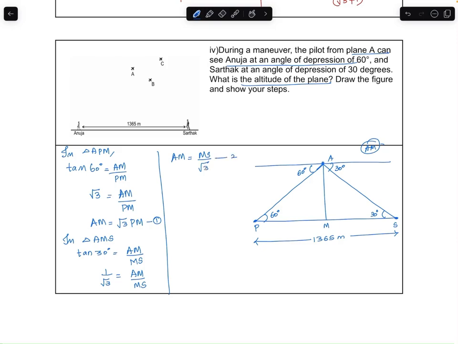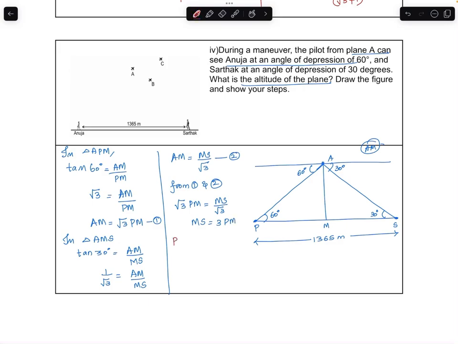This is equation 2. So from 1 and 2, since the left hand sides are equal, right hand sides will become equal, that is root 3 times PM is equal to MS upon root 3. That is MS is equal to 3 times PM.